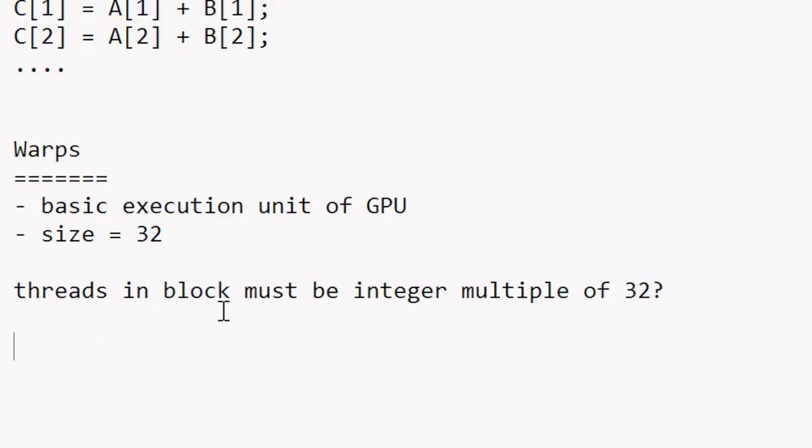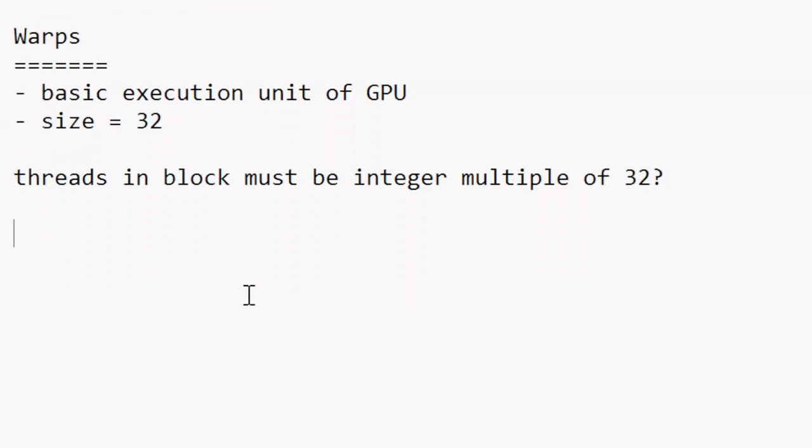So you can have a total number of threads of, let's say, 25, 50, 45, and so on. We will make ourselves clear about this in the upcoming topics.